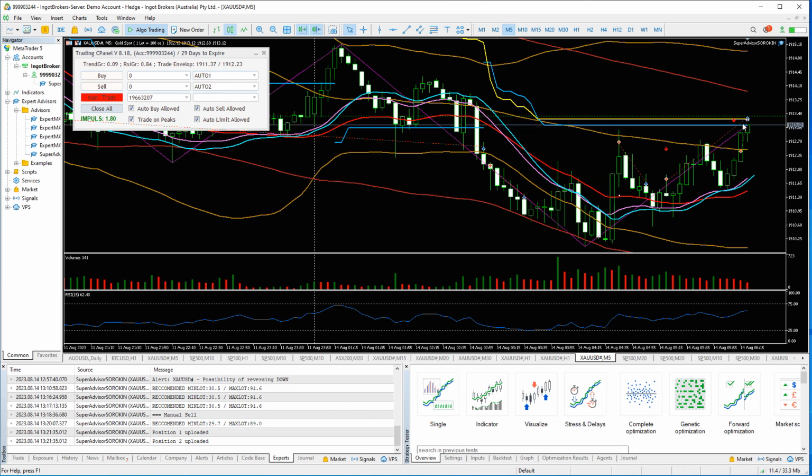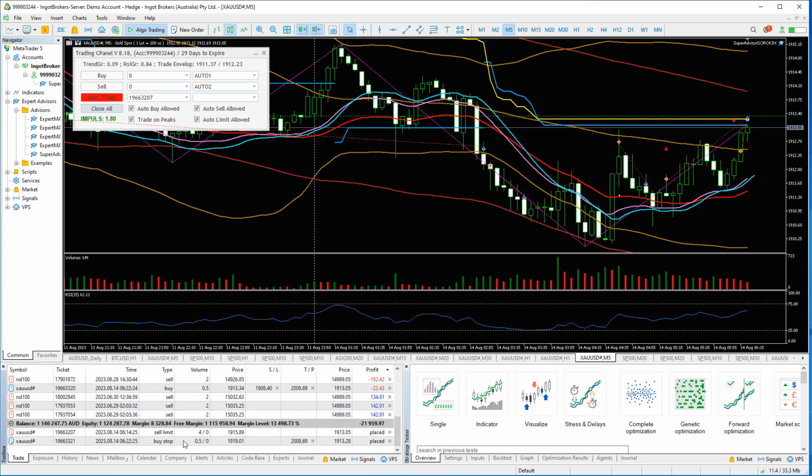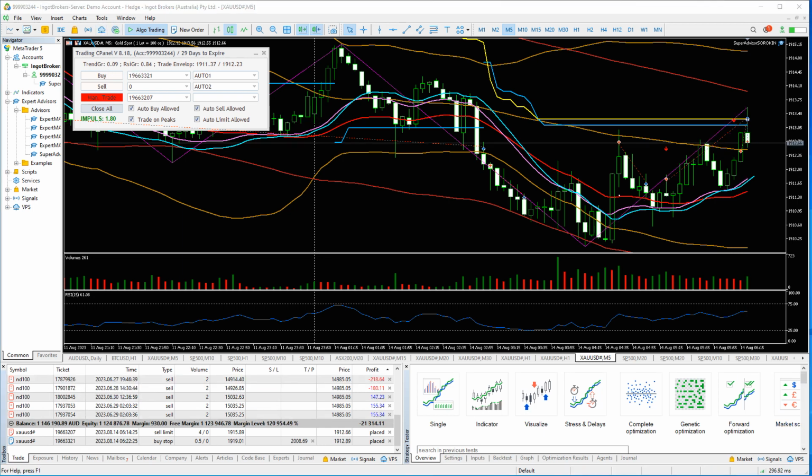So if it's this price, you see what really happened, it's closed. Two positions were being closed. So yes, one of them closed because it's above the price. What really happened here, you see a position was closed.